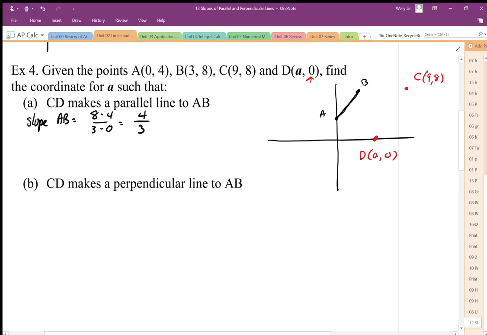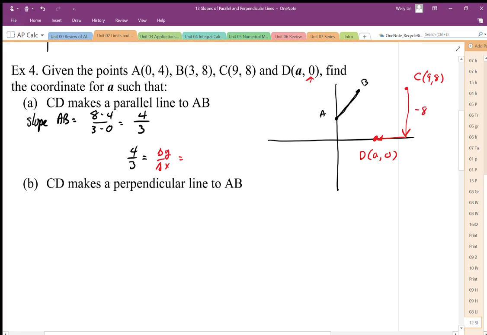But I could also solve this a little bit more analytically and say, well, if my slope ratio is 4 to 3, then I know my change from C to D, the change in y over the change in x. Well, I know the change in y here is going to be 8. So I'm going to go down 8, because I'm going down this way and across to get to the point.